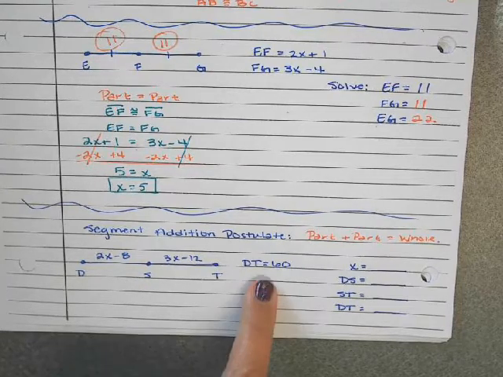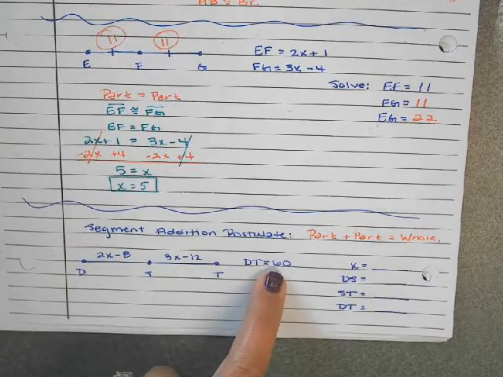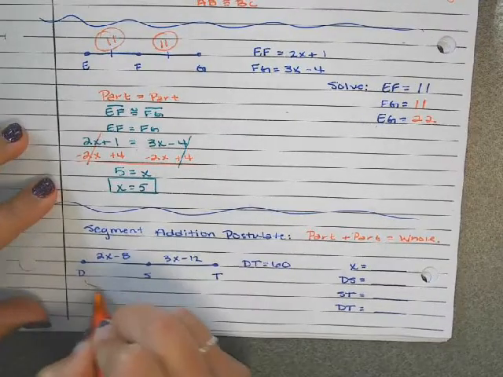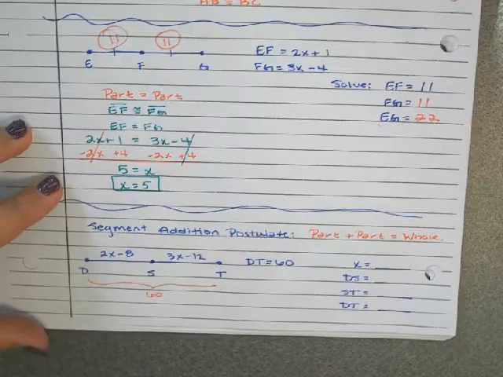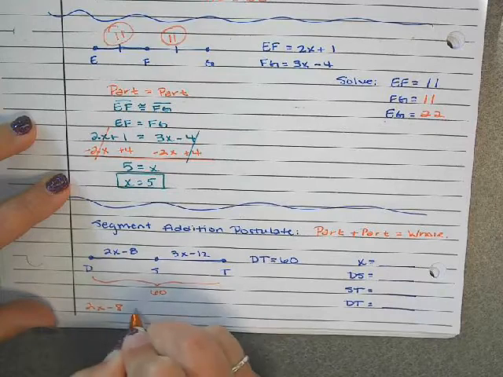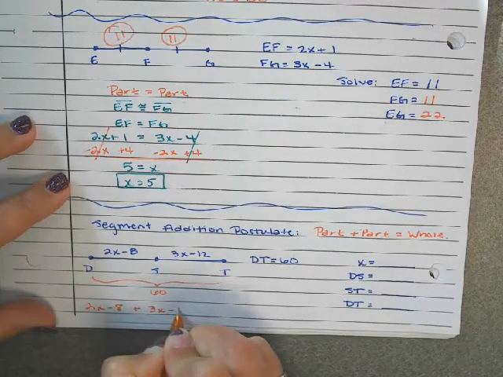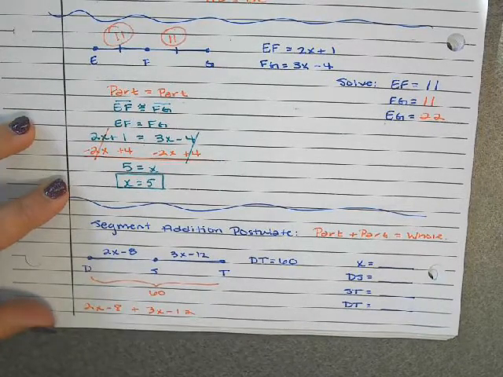However, I do see that from D all the way to T is marked as 60. So this whole segment here is marked as 60. So what I know is if I take 2x minus 8 and add 3x minus 12 to it, what will I get when I add up those two segments? 60.